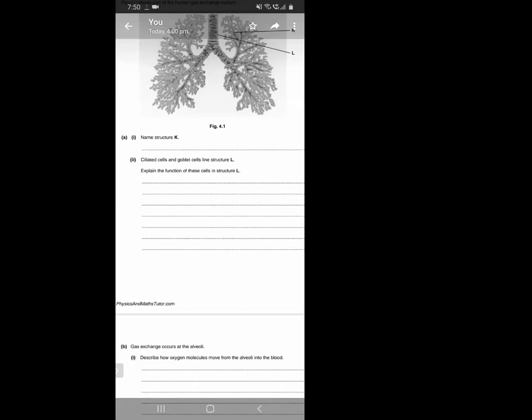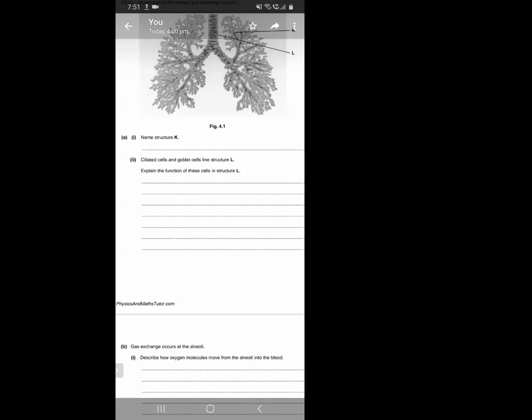You don't have to talk about carbon dioxide because that's not what the question is asking. Describe how oxygen molecules move from the alveoli into the blood. So stick to the question and read the question at least 3 times before you answer it. Even if you think you know the answer, double check, because most of the time you know the thing, but the reason why we lose marks is because we did not read the question properly.